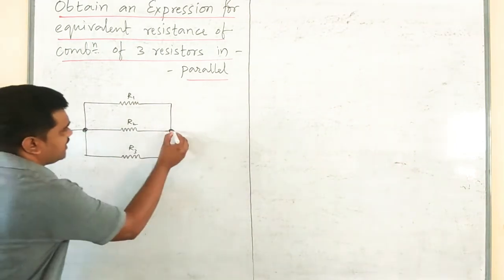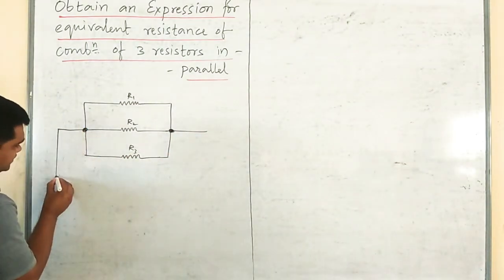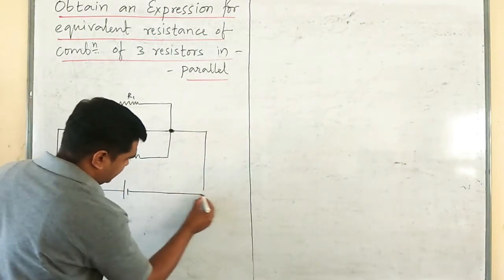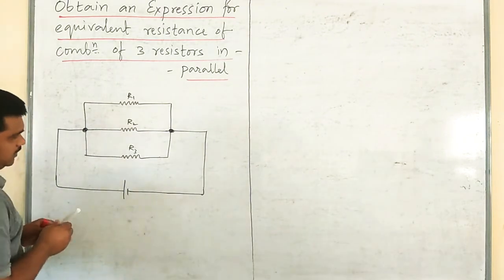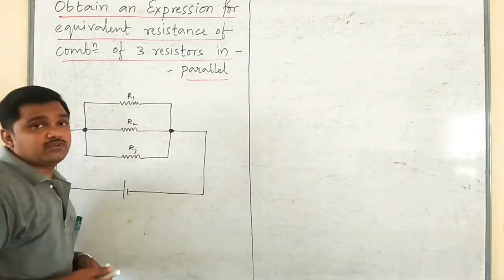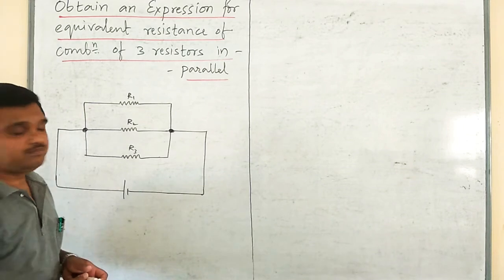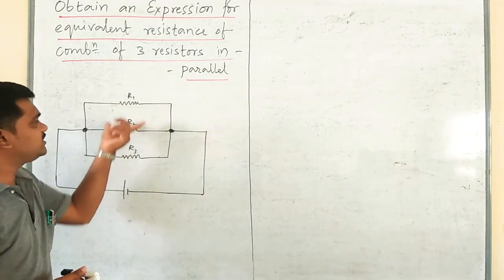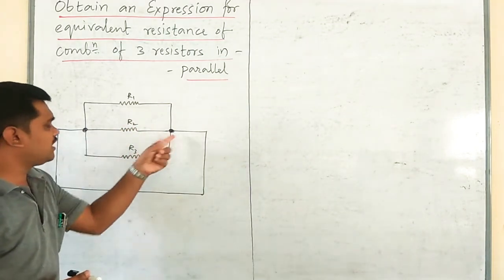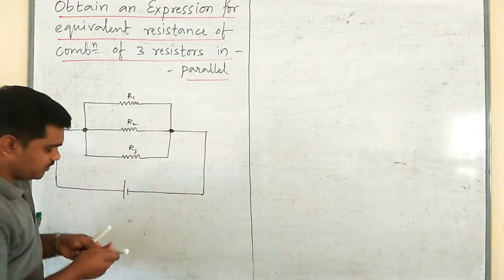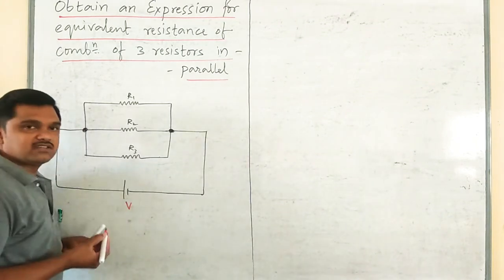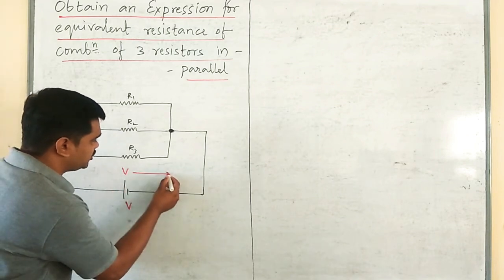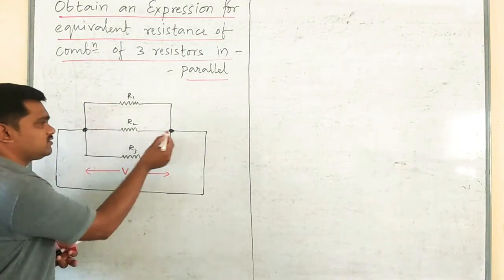Now I will connect these common points to the source of potential difference, or simply a cell or battery. So what is one property of a parallel combination? In parallel combination, the potential drop across each resistor will be the same because they are connected between two common points. If this battery or cell offers a potential difference of V volt, then the same potential difference will drop across these two points.